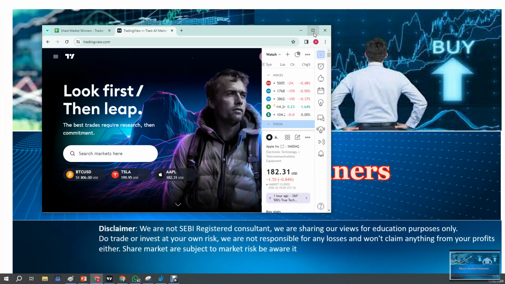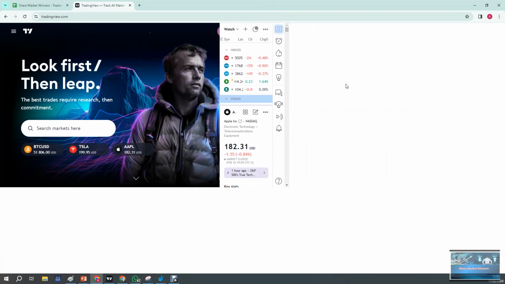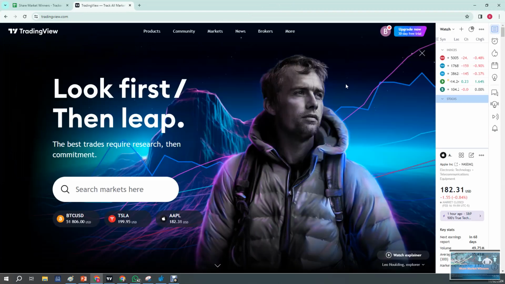As I mentioned before, TradingView is one of the software which I primarily use to predict and get the indications. The one I am showing right now is the non-premium version, which everybody can register for free of cost and make use of by logging in.